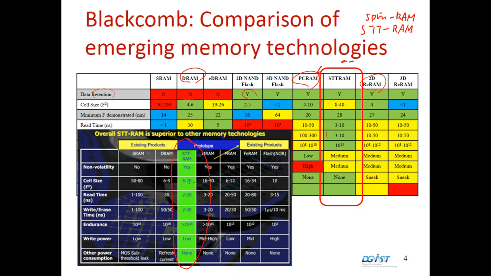So don't believe too much this table, but just keep in mind the STT-MRAM is quite good compared to other technology, but maybe there are something not quite truth. So anyway, the STT-MRAM is a good candidate for future memory.